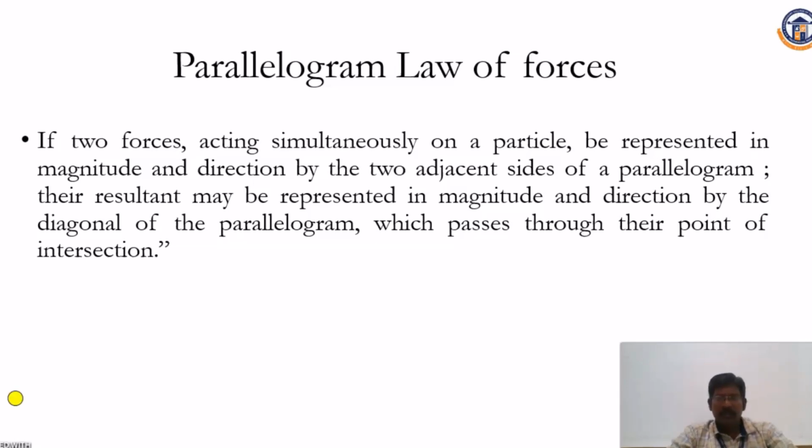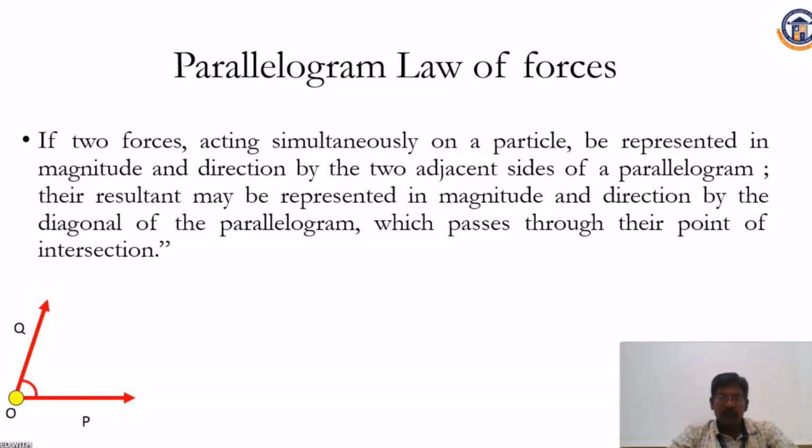Let me see an example. Consider this as a particle. This point will be positioned as O. Now a force of P is acting on the right hand side. Another force of Q is acting on this same particle.